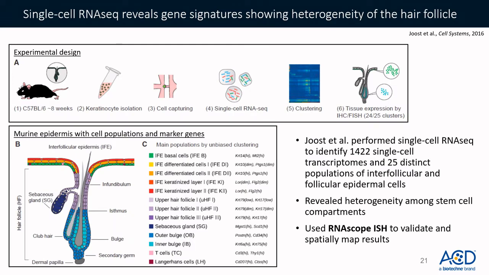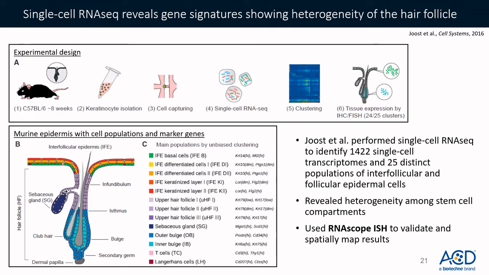Now, the murine epidermis and its hair follicles is an ideal model system for tissue regeneration and stem cell research. However, it is a surprisingly highly heterogeneous tissue. We're seeing this hair follicle is a really sought after field in stem cell research.